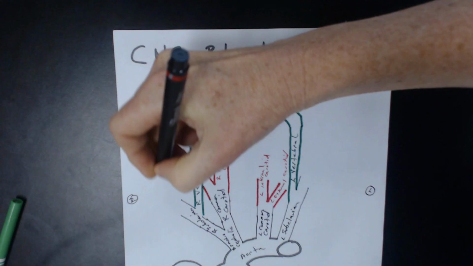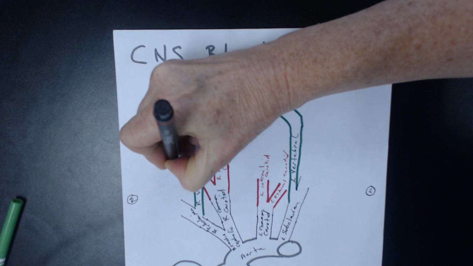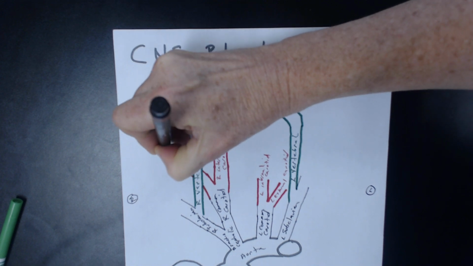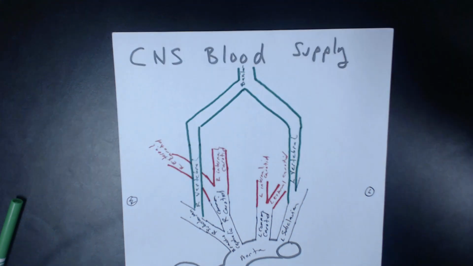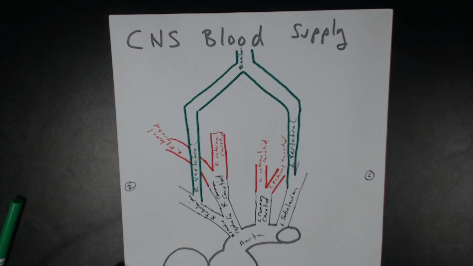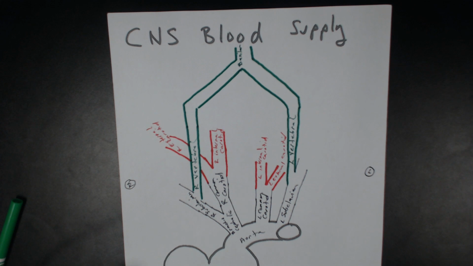Okay, and then more lateral is going to be your right external carotid artery. Everybody got it? See what's happening?